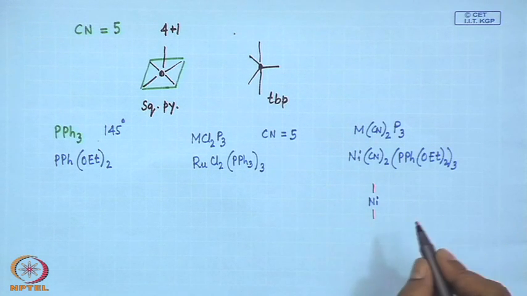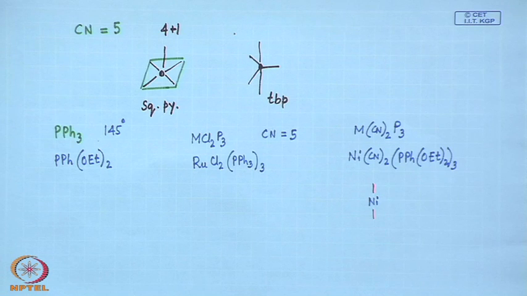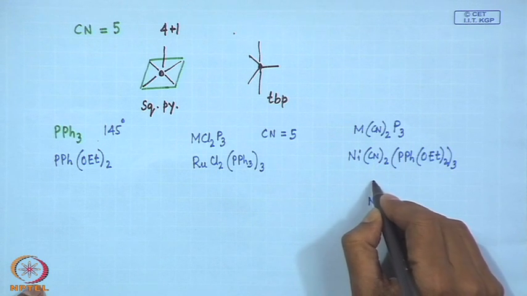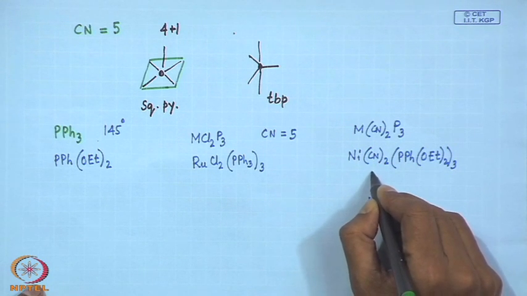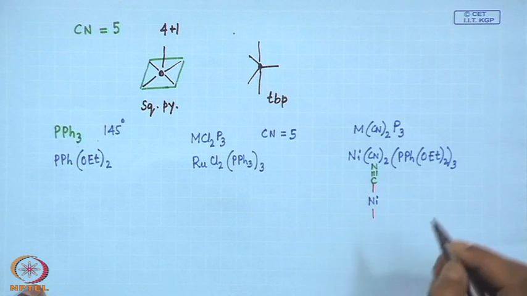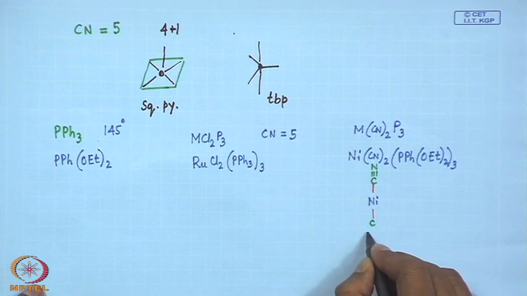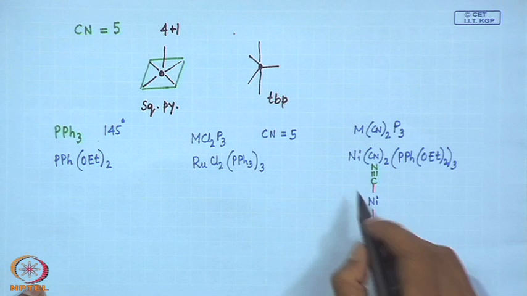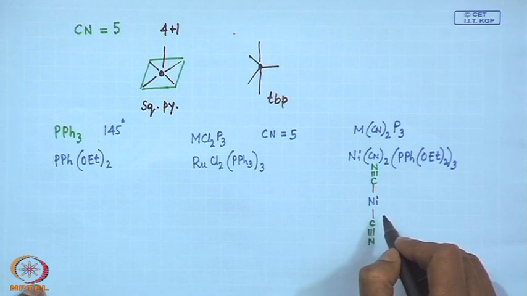because just now we have seen the reaction of nickel 2 plus with CN minus. So, this CN will come first and will bind to the nickel center like C triple bond N. So, this nickel cyanide is well known to us.